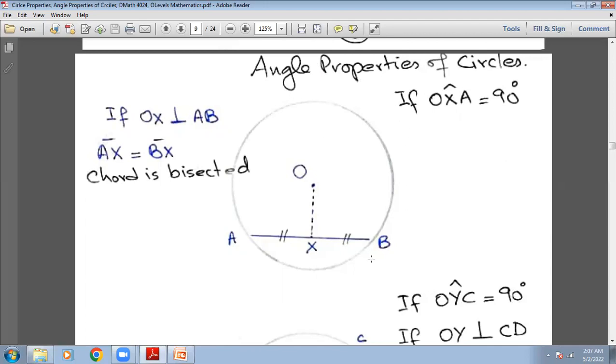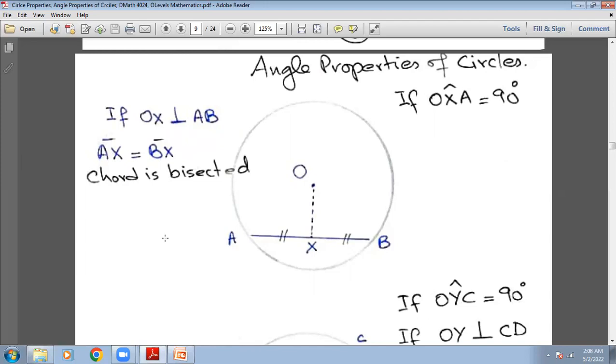So for example, we have a circle here. This is the center of the circle, and we have a chord AB. And we suppose that the line coming from the center onto the chord is OX. If that line makes a 90-degree angle with the chord, the chord will be bisected.